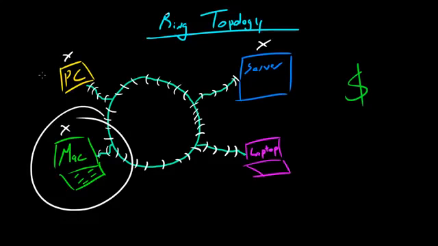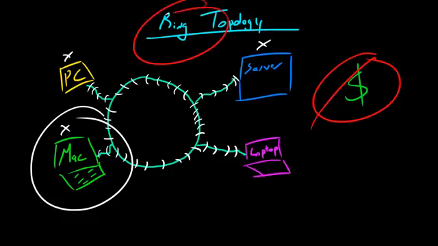So if you're choosing between a bus and a ring for your home network, if you're not worried about money, then I would go with a ring topology. Or if you are worried about money, then you can go with a bus topology. But if you have a lot of volume, then I would definitely recommend getting a ring, until you see my next videos, because in my next couple videos I'm going to be showing you guys the most common type of topology, and this is probably the one that you have in your home right now.